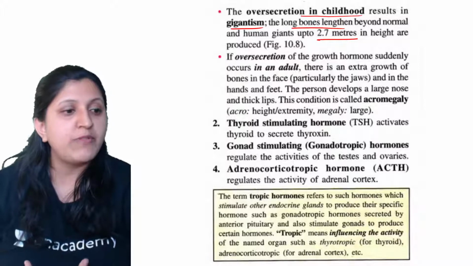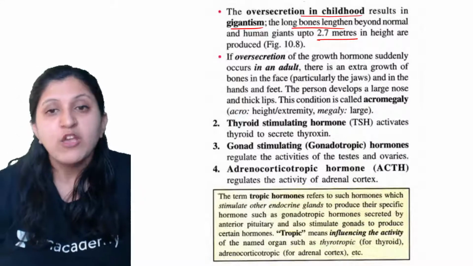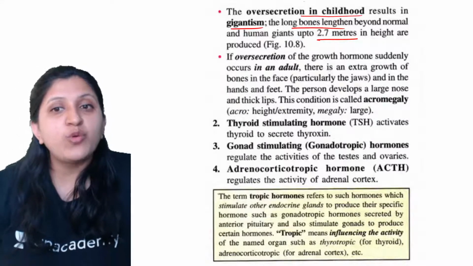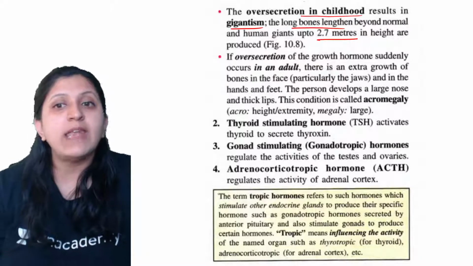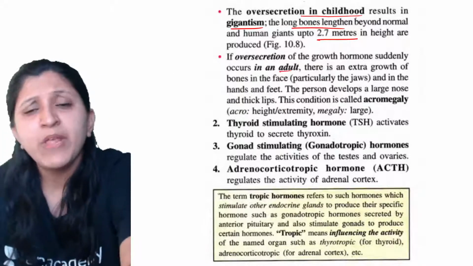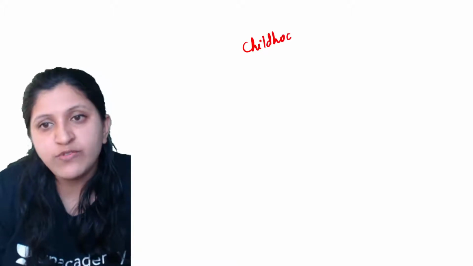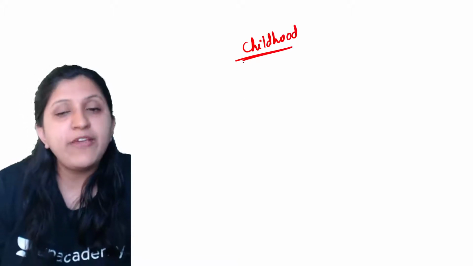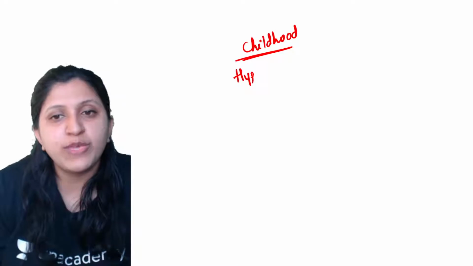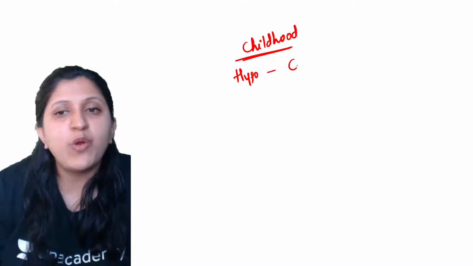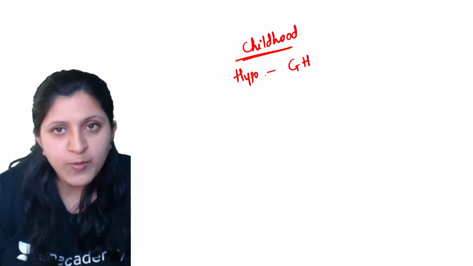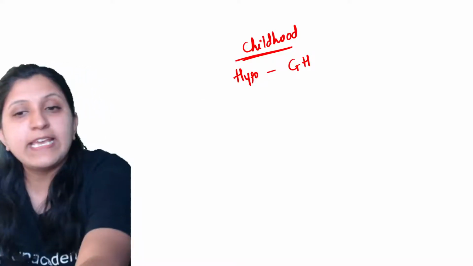Some of them will grow a lot. Now, if oversecretion of the growth hormone suddenly occurs in an adult, let's have a look at this one. In case of childhood, if hyposecretion of growth hormone is occurring, what will happen?